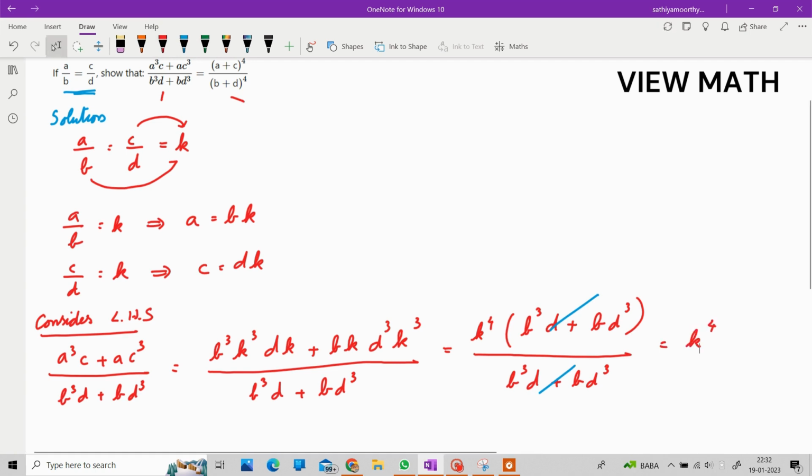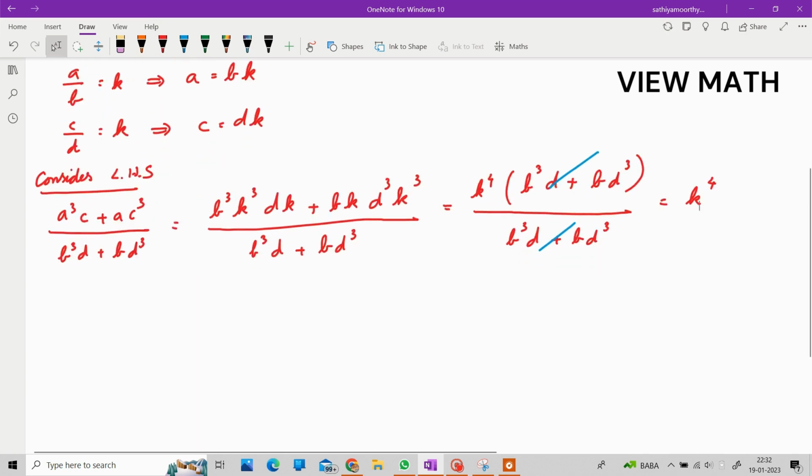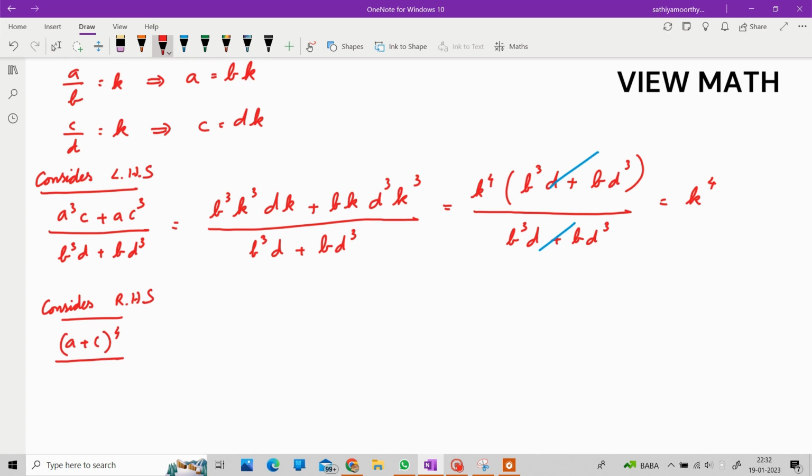Now I am going to consider the right hand side. Right hand side is (A plus C) the whole power 4 by (B plus D) the whole power 4. So this is equal to, I am going to substitute the values.